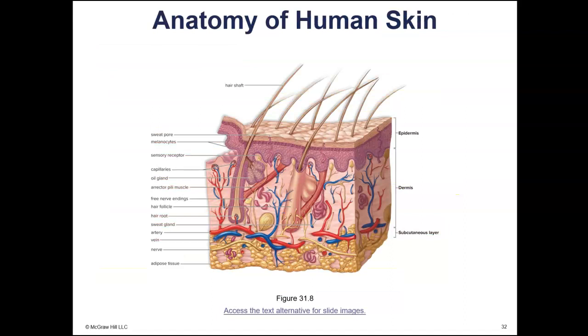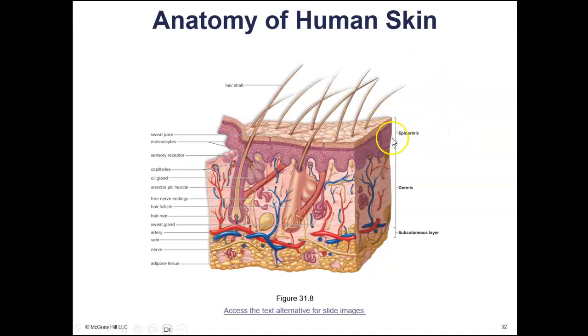Here is the anatomy of human skin. I just want you to look at the parts that form the skin. The skin itself is composed of the epidermis, which we already talked about is stratified squamous epithelial tissue.